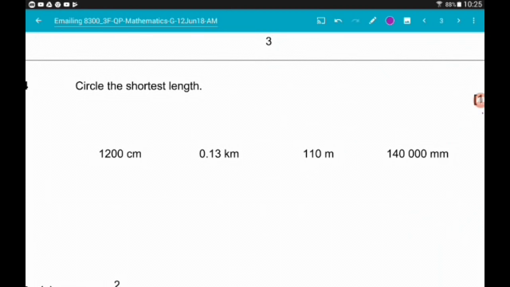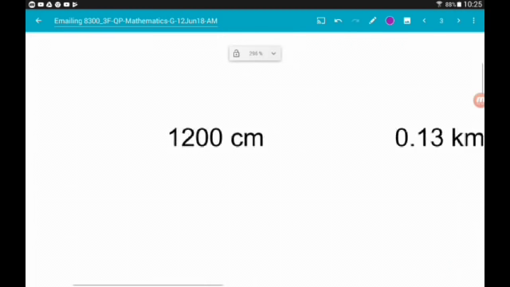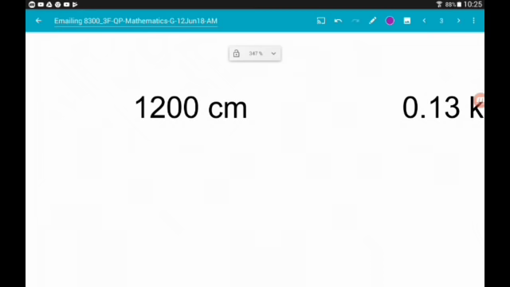What I'm going to do here is convert each distance into the same unit, and I'm going to go for metres. There are 100 centimetres in a metre, so to go from centimetres to metres, we divide by 100. So 1,200 centimetres is 12 metres.